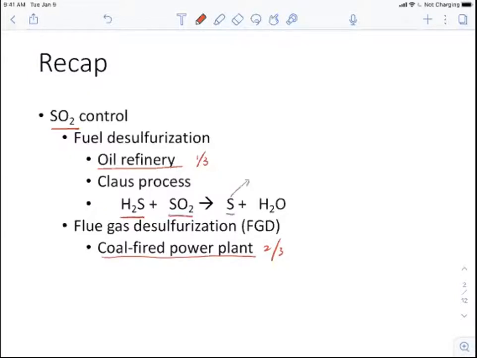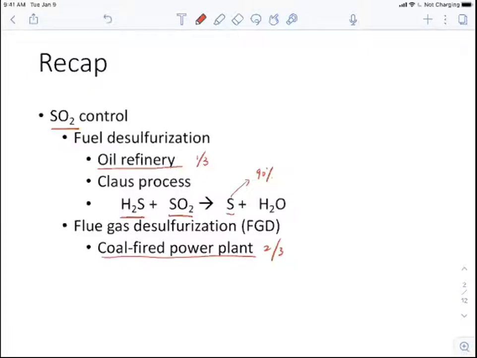Just the solid sulfur coming out of the oil refinery can cover 90% of the sulfur supply in the United States. On one hand, this chemical engineering process is very useful, but on the other hand, it shows we really use a lot of oil. With this process, we can effectively control the sulfur dioxide emission from the oil refinery.